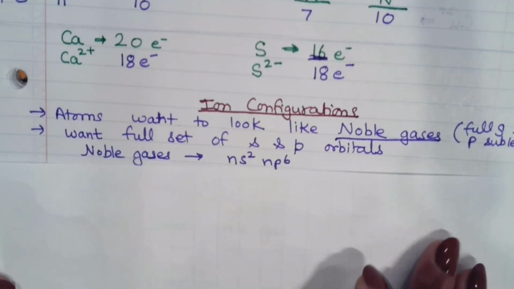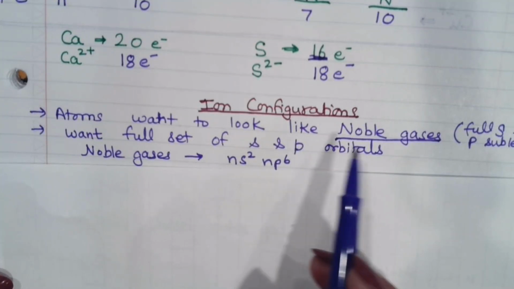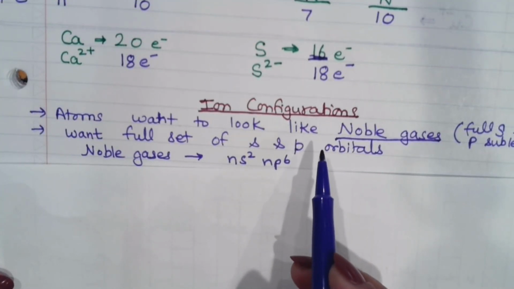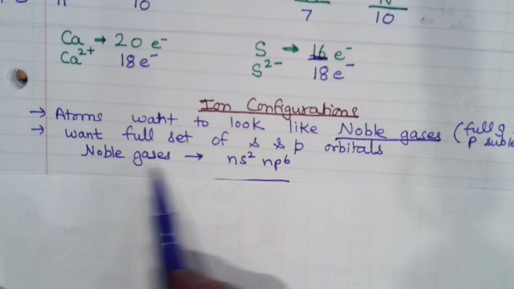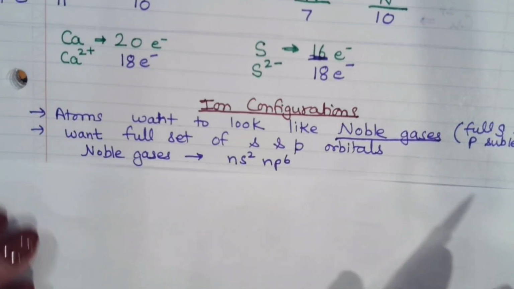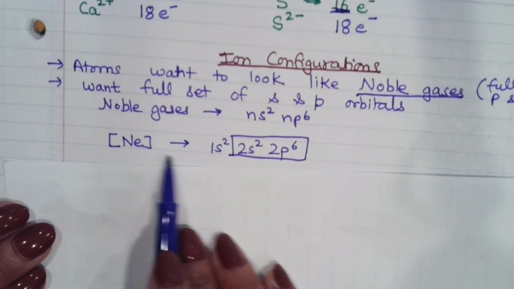Now, in order to gain a full set of S and P orbitals, the atoms either gain electrons or lose electrons. See, noble gases have a full set of S and P orbitals. This is the example of neon.